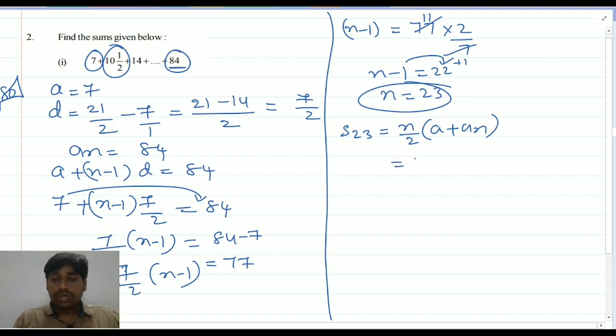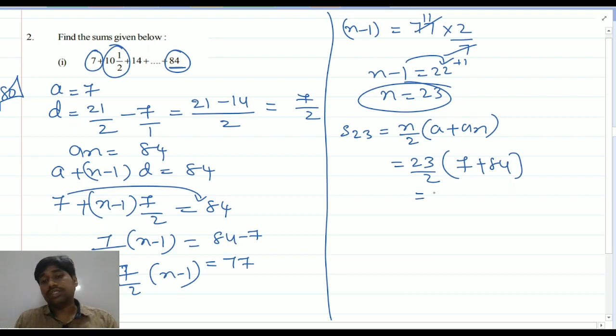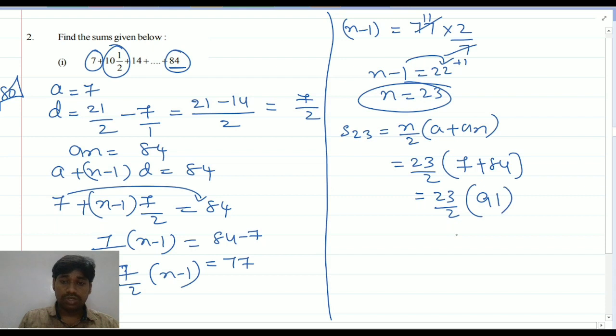So 23 by 2 of first term 7 plus last term 84. That is added to get 91. So 91 we are getting. 23 by 2 into 91.